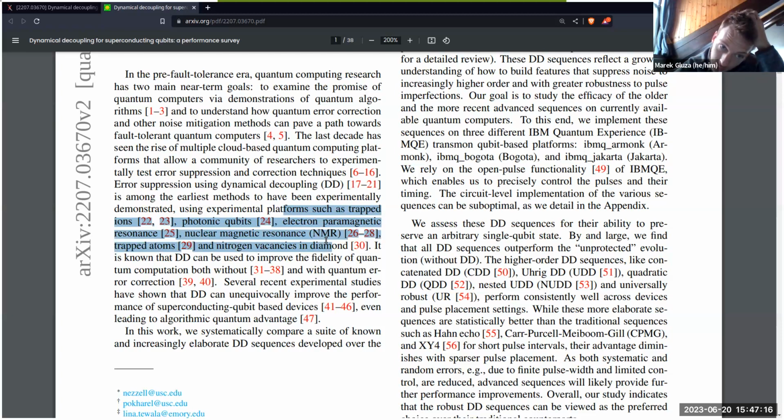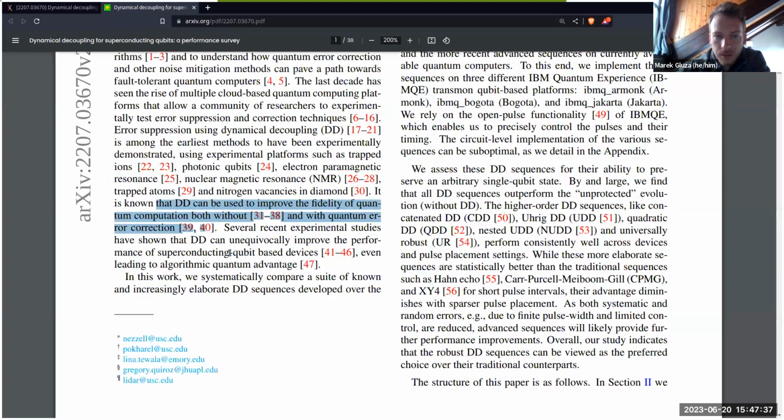But they are selected in the sense that this dynamical decoupling (DD) can be used to improve the fidelity. We didn't talk much about fidelity, but fidelity is a measure of how well a quantum protocol implemented some target state. Okay, and then there are more complications, and it's listing those citations, those references here.